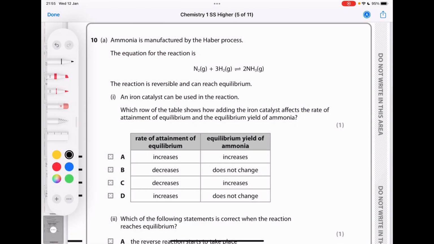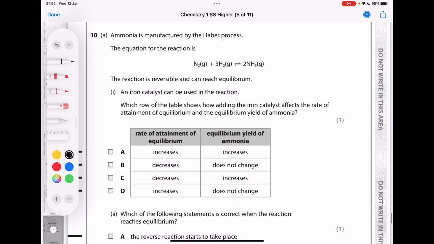Question 10 is mostly about equilibrium, which is topic 5 and 6. For the first part, you are asked what the effect of adding an iron catalyst is on the rate of attainment of equilibrium and equilibrium yield. First off, we should remember that catalysts increase the rate of a reaction, and therefore my answer must be either A or D, because catalysts make reactions faster and therefore the rate must increase.